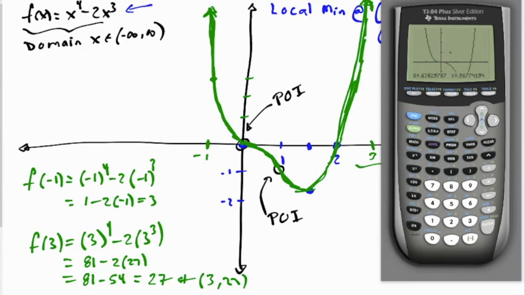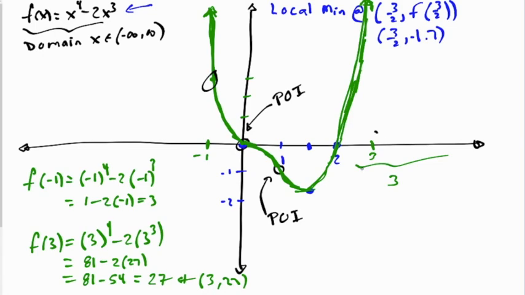We plotted the local min and the points of inflection, and then we looked at parts of the number line where we didn't know much about the graph, and we said, well, let's check out other values to plug in just to see how rapidly this graph is shooting up, or maybe it's going at a slower, wider growth level, and we got those points to help us get the ends of the graph to look quite right.